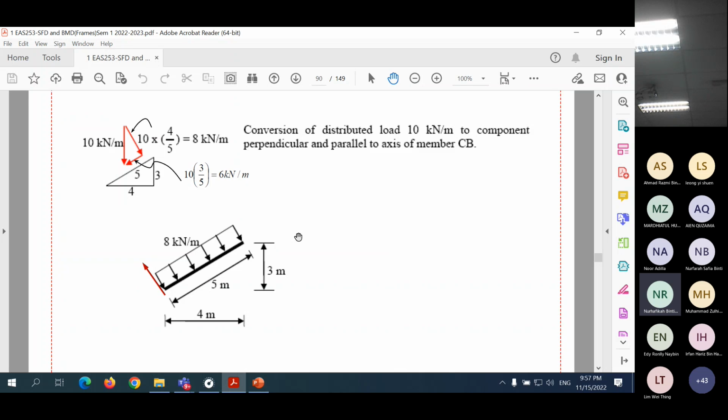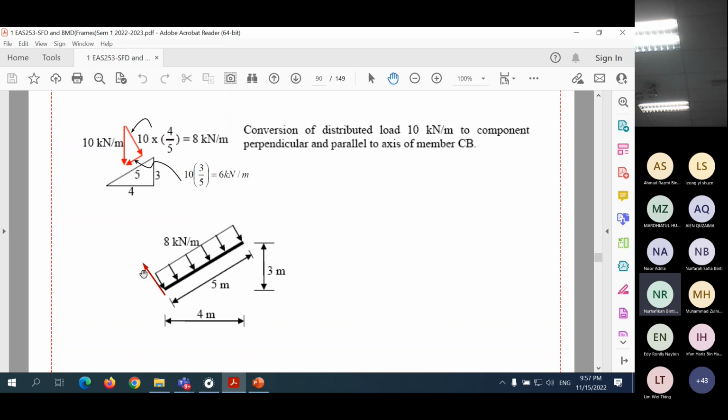Now, if you look at the diagram, this one here, the red arrow which is indicated here is the positive direction of the shear force.